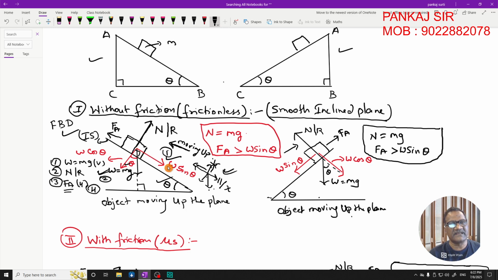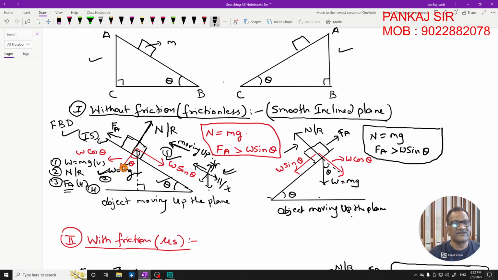In the normal resolution of force, you must have studied that this particular parallel component is opposite to this angle theta, so we are going to take that as w sine theta, and this perpendicular component is adjacent to the theta, so we'll take that as w cos theta.